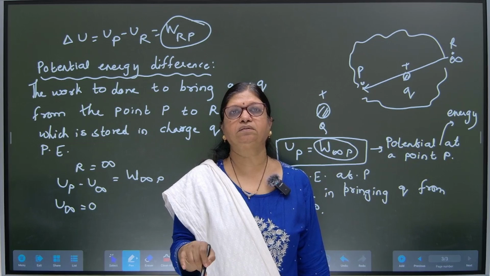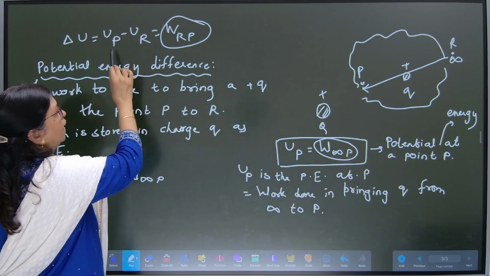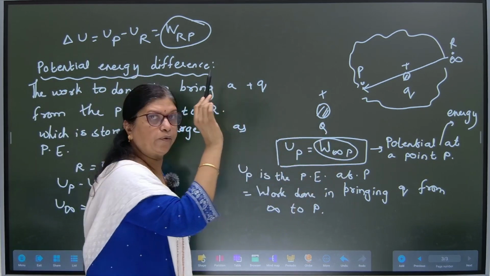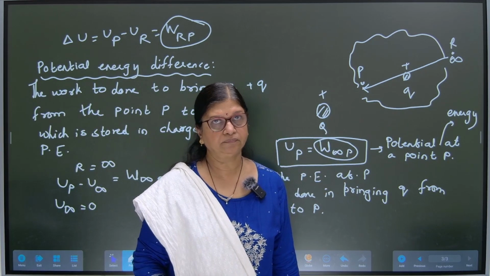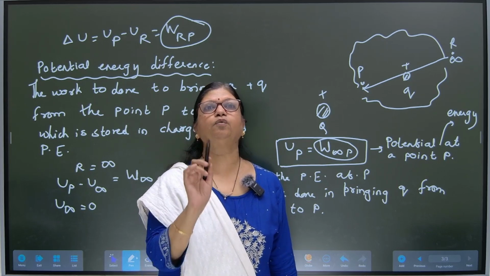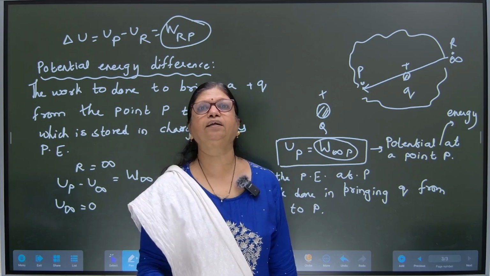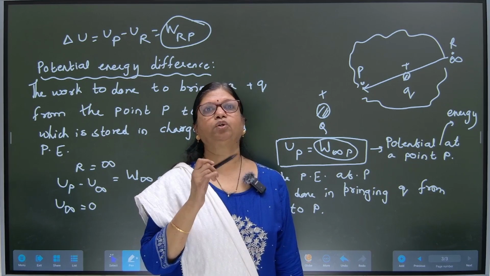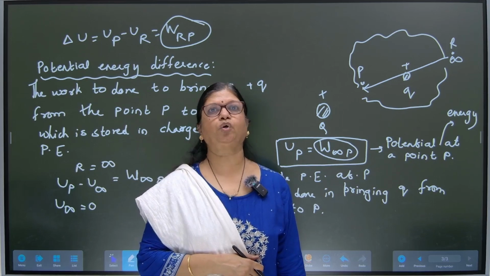The work done depends only on the initial and the final point. Work done here does not depend on the path followed. Okay? Because the work is done due to the conservative force. It only depends on the initial value and the final value of the work done or the potential energy. Fine? Clear? So now I will just move from here and take a screenshot of what I have taught just now. Okay?